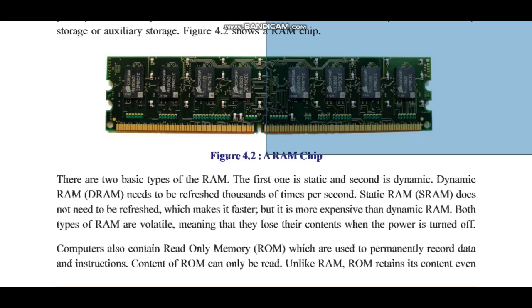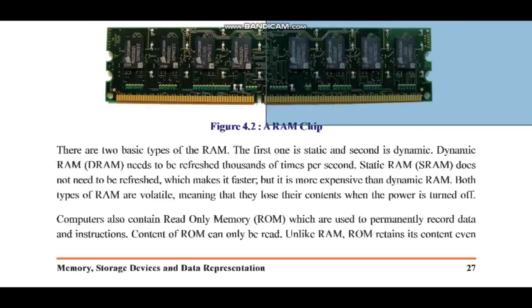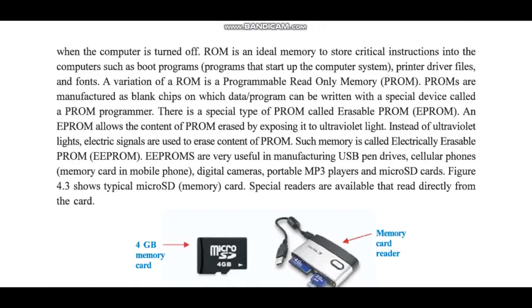Unlike RAM, ROM retains its content even when the computer is turned off. ROM is ideal memory to store critical instructions in the computer, such as boot programs, like programs that start up the computer system, and devices like printers.